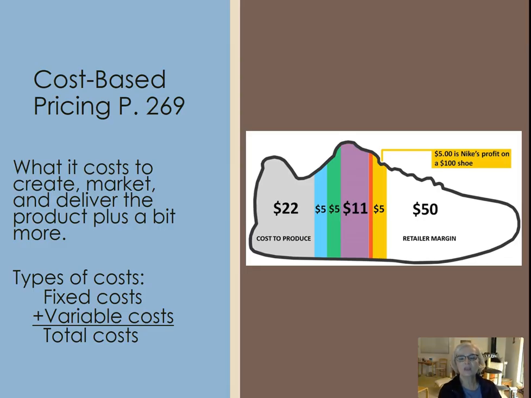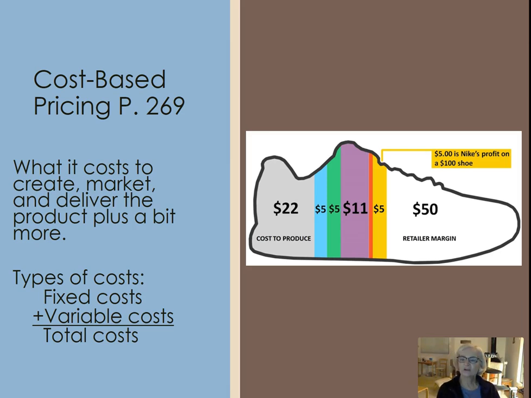Here is one way of setting a price, and that is figuring out what it actually costs, adding a little padding there, and then we know what it costs. So here's an example I found online for a Nike sneaker, where we can see that there is a $5 profit on the sneaker. Sorry about that, cats.